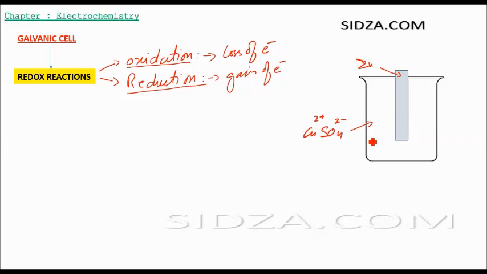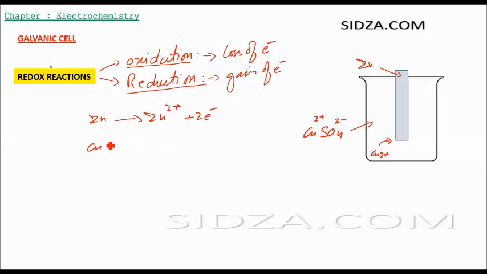The basic reaction which occurs in this vessel once I insert the zinc rod in the copper sulfate is that the zinc loses electrons and changes into zinc ions, Zn2+, plus 2 electrons. So the zinc gets oxidized, and the copper 2+ ions from the solution gain electrons from the zinc.